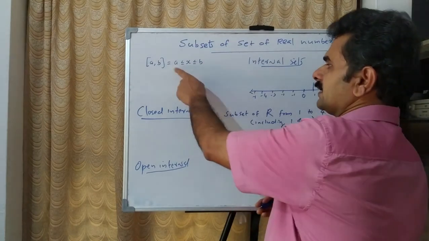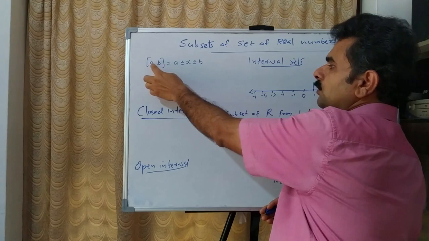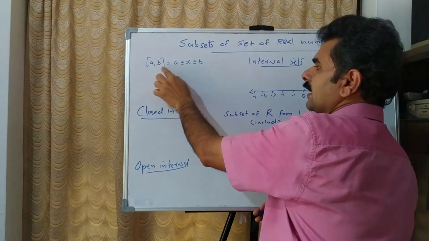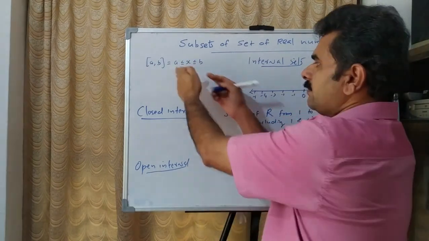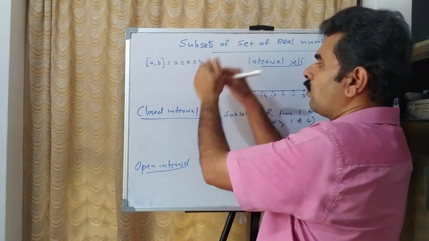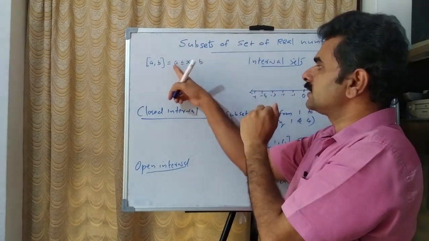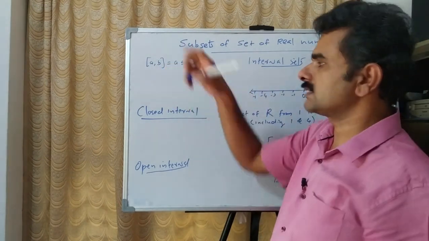That is closed interval [a, b]. How can we say it? Boundaries are a and b, and a and b are included. So all x values can be considered including both a and b, including extremities. So this is a notation for closed interval.